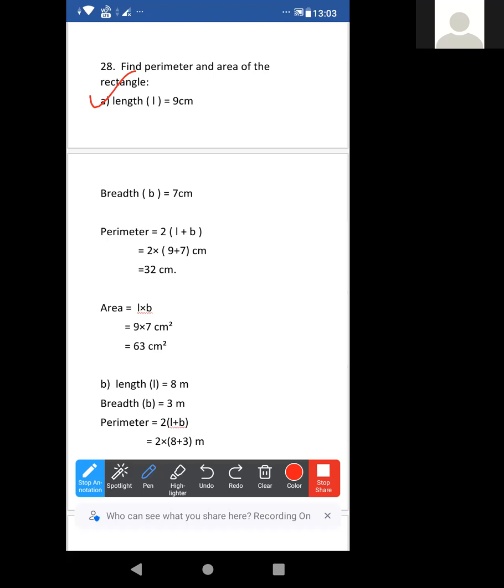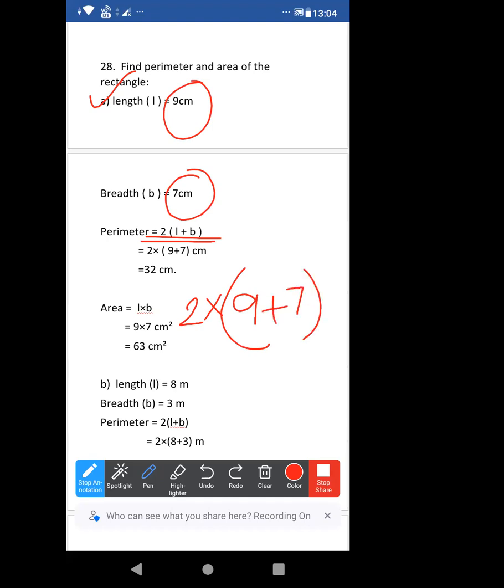Now look, the formula for perimeter is 2 into length plus breadth. Length is given 9, breadth 7. So 2 into 9 plus 7, that means 2 into 16, 32 centimeter. Completed.